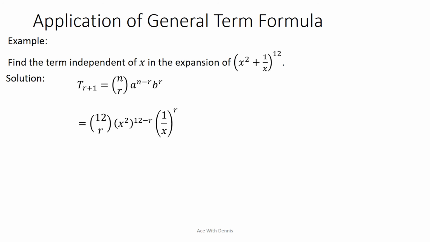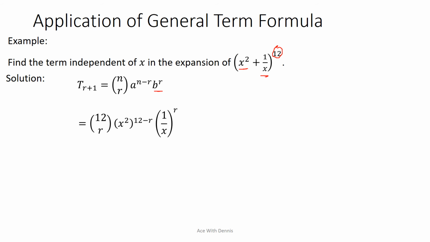So for this case, the n is 12, which we get from here. Our a is x², our b is 1/x. So we apply all this inside the formula.